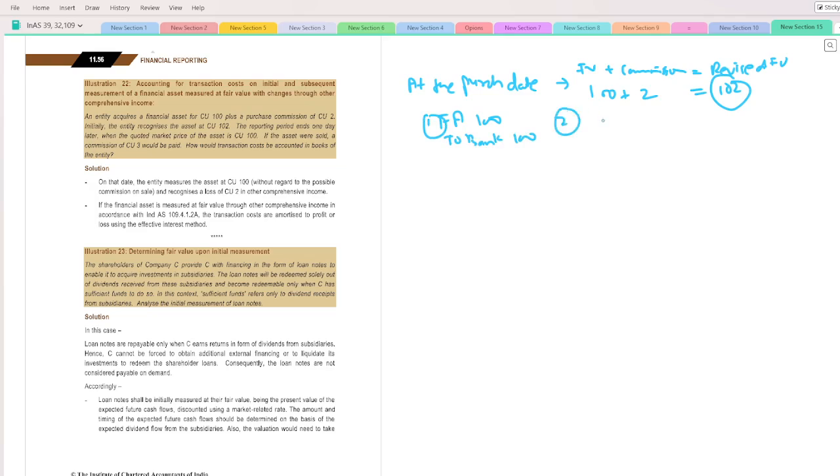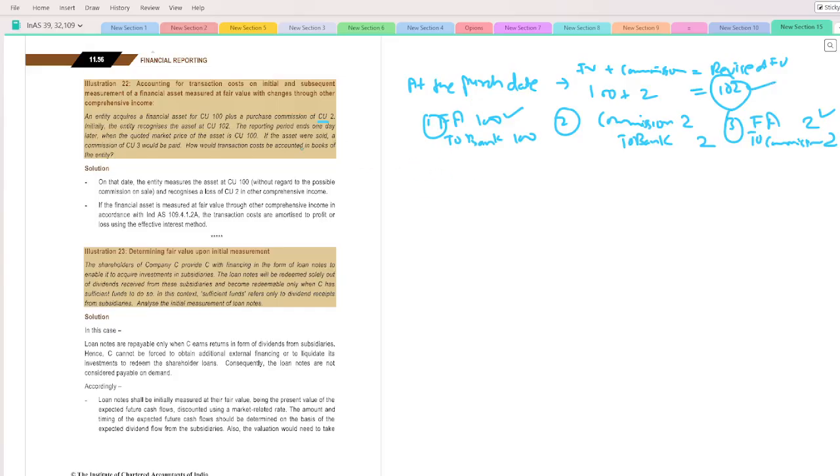Then the second entry will be commission to bank 2, CU 2, CU means currency. And then the third will be financial asset to commission 2. So ultimately 100 is debited for the financial asset and 2 is debited under the financial asset. So the financial asset will be recorded at 102 in the balance sheet.